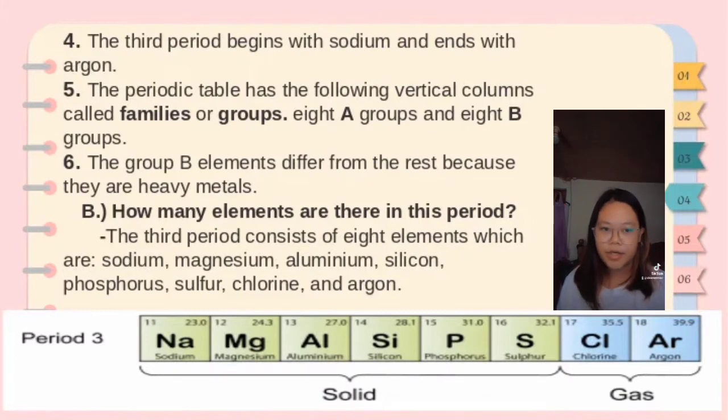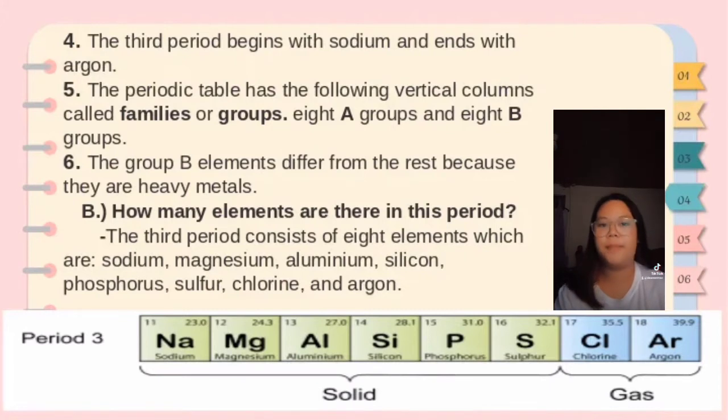So the third period consists of 8 elements which are sodium, magnesium, aluminum, silicon, phosphorus, sulfur, chlorine, and argon. The third period elements are known as typical elements or representative elements because they accurately represent the properties of their own group.